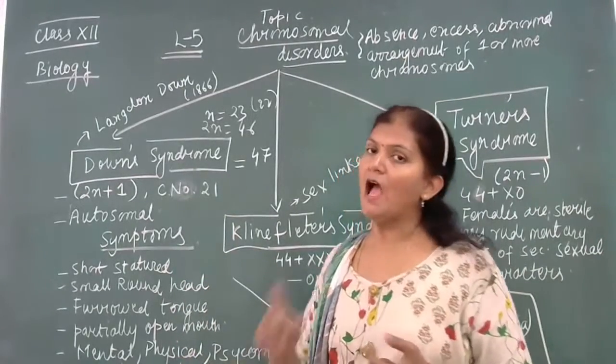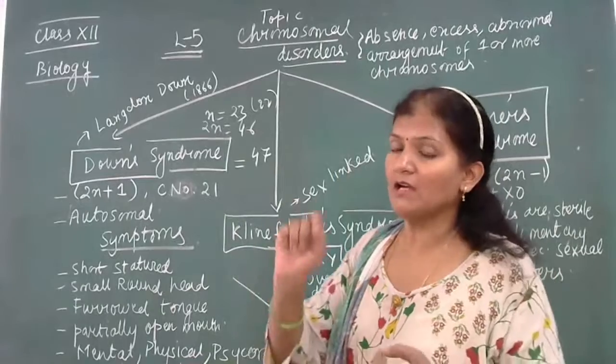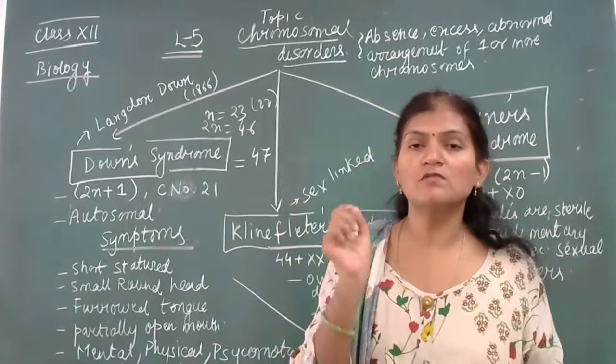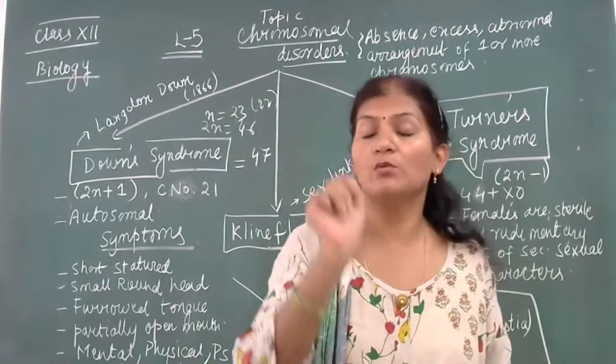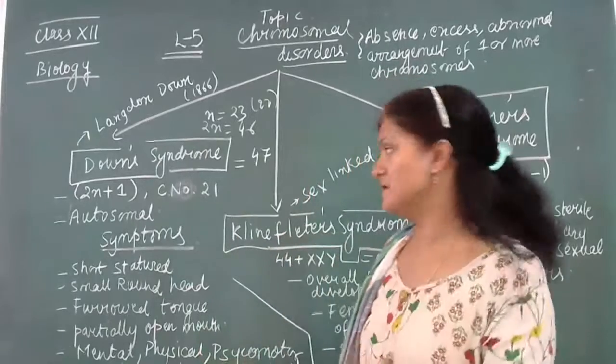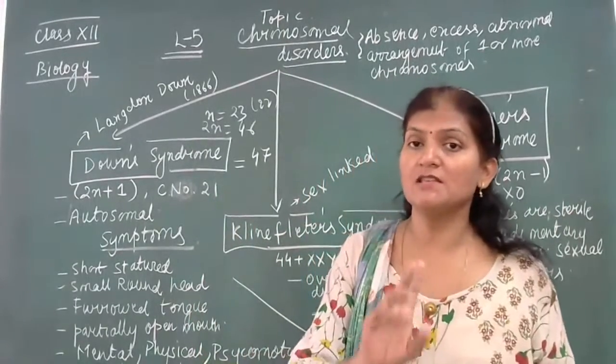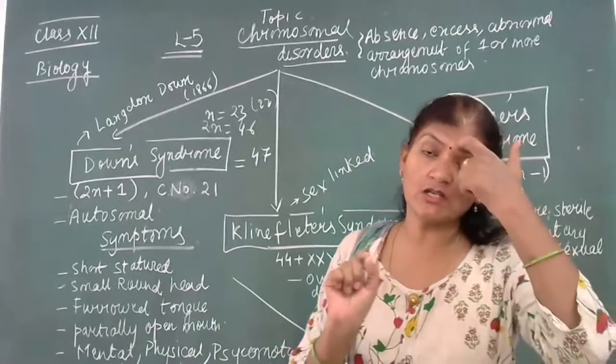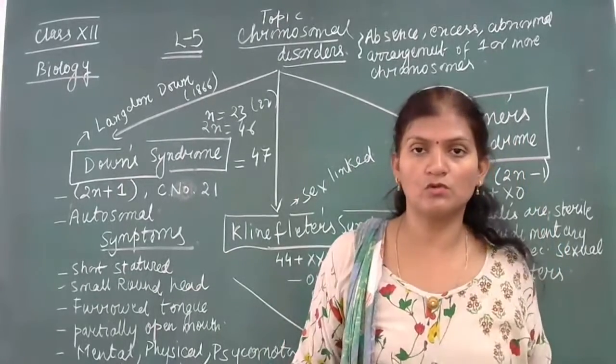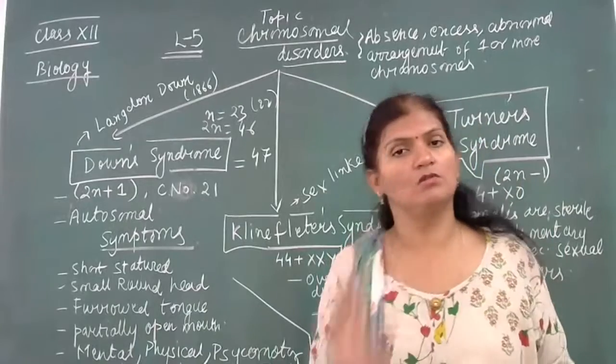Right, children? And this question is very important: in Down syndrome, the addition of chromosome is at which chromosome number? It is at chromosome number 21, and this addition is in the autosomal chromosome, not the sex chromosome.